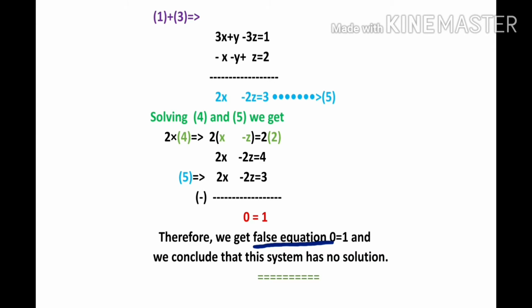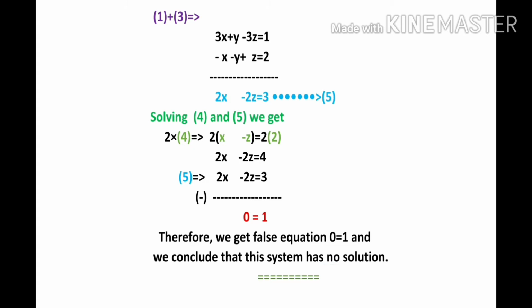According to the note, if you get the false equation 0 is equal to 1, this system has no solution. So we conclude that this system has no solution. This is the answer.